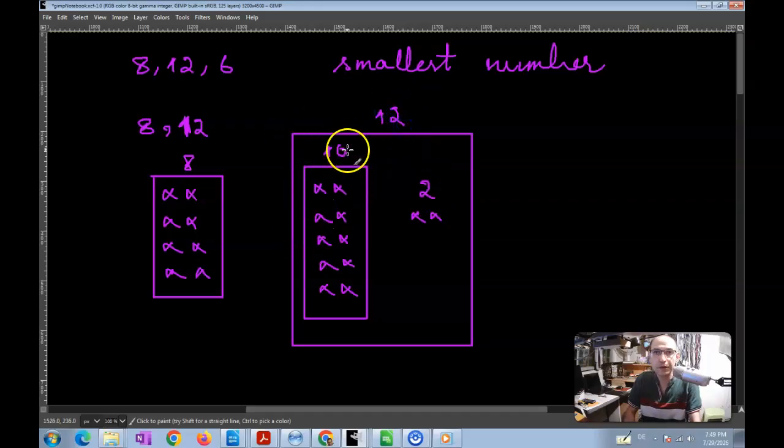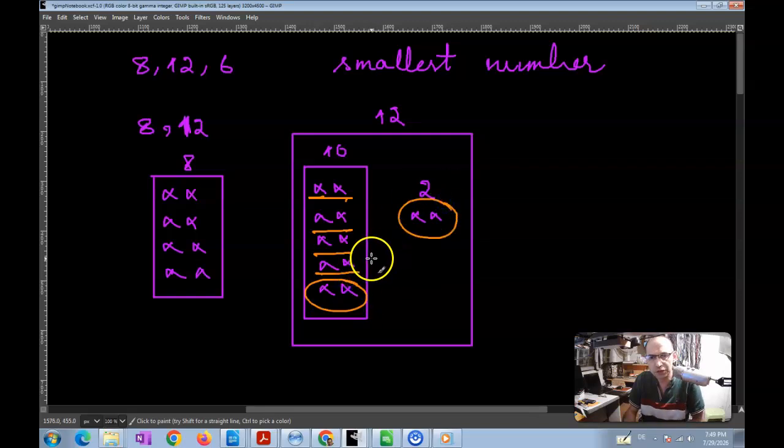Now, to compare these numbers, you will simply compare the number of beats, meaning that you count. So I have 8 beats over here, so I can pick 8 beats over here, and then I can see that this number still has 4 more beats, meaning 2 beats over here and 2 beats over here.